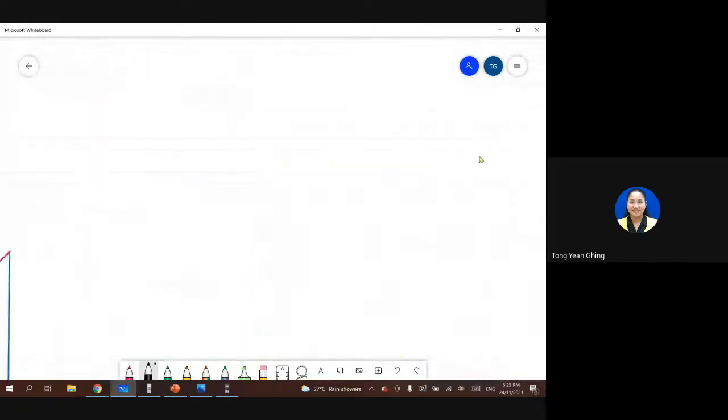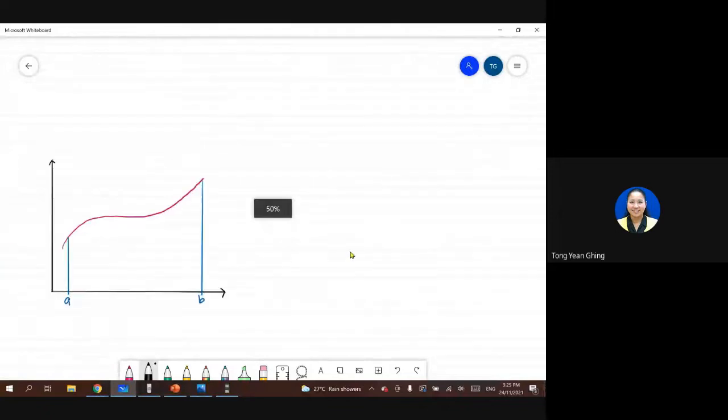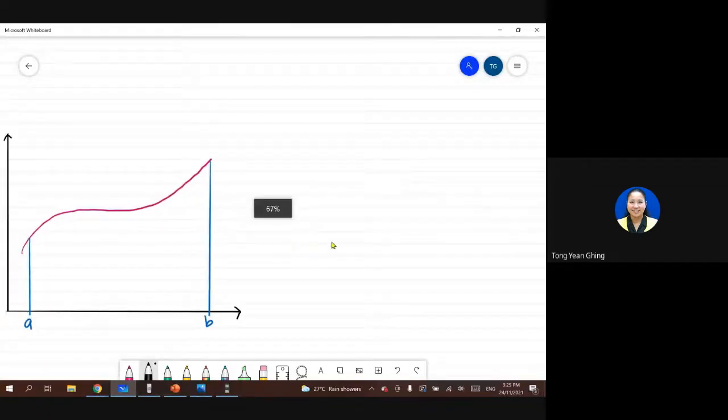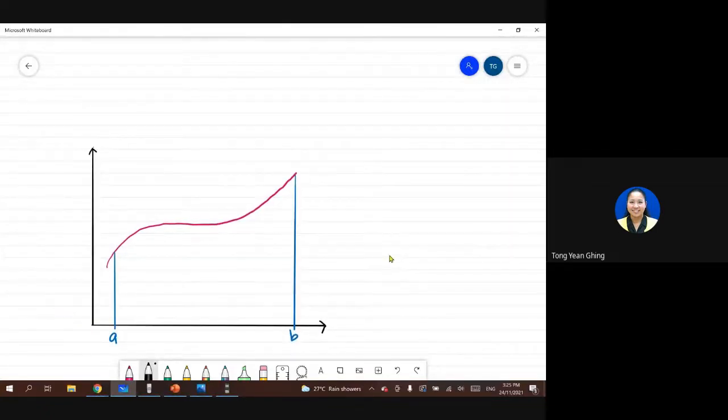So for Simpson's 3/8 rule, okay, here we put right here. Simpson's 3/8 rule.